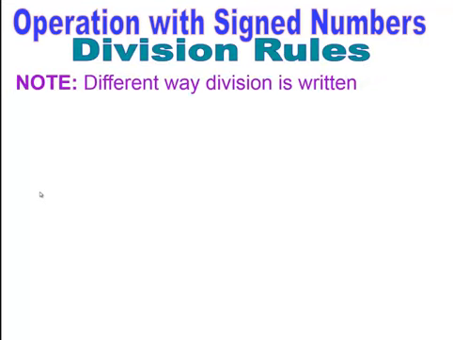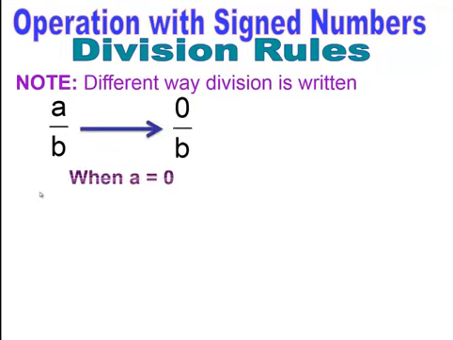So a key note with the division of numbers, the different ways that division is written. So you could see division like this, where you have A being divided by B, and if you have B being divided into 0, where A is 0, you end up equaling 0.